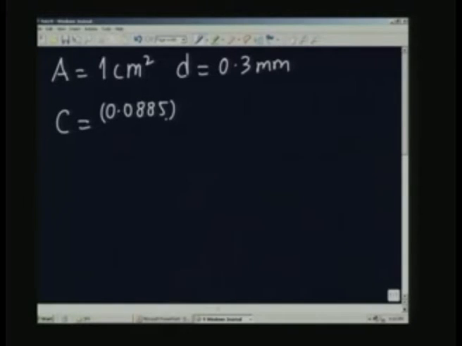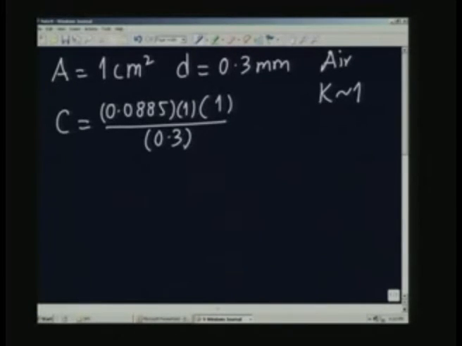If I use air, K is almost equal to 1. So, I will just say 1 here, area is 1 divided by D is 0.3, so many picofarad. This will come to about 2.95 picofarad.